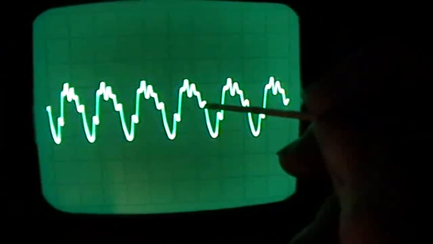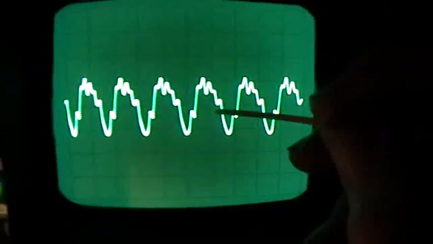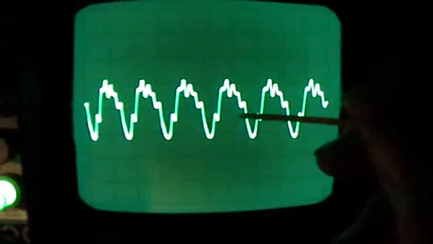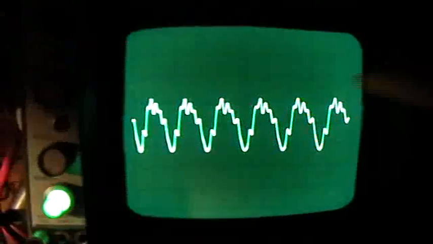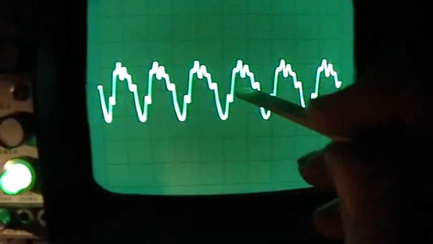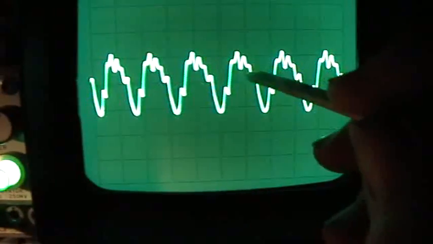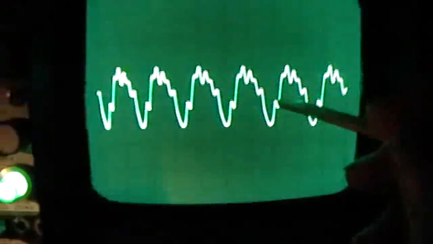Now, if we were able to multiply this trace by the instantaneous voltage trace coming from the drain, which I cannot do on this oscilloscope, I can't do that kind of math on this scope, then we would get a trace where we would be interested in the areas between the top and the areas of the bottom peaks, okay?